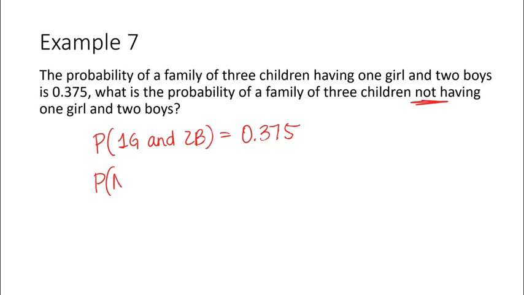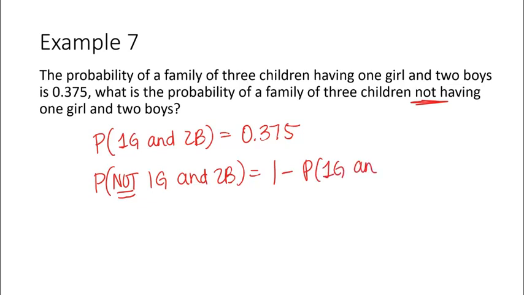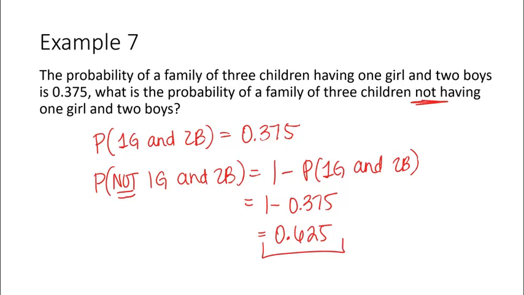So what's the probability of not having 1 girl and 2 boys? When you bring in that not, you're using the complement rule. The probability that it does not happen is 1 minus the probability that it does, that I do have my 1 girl and 2 boys. So 1 minus 0.375, which is 0.625.